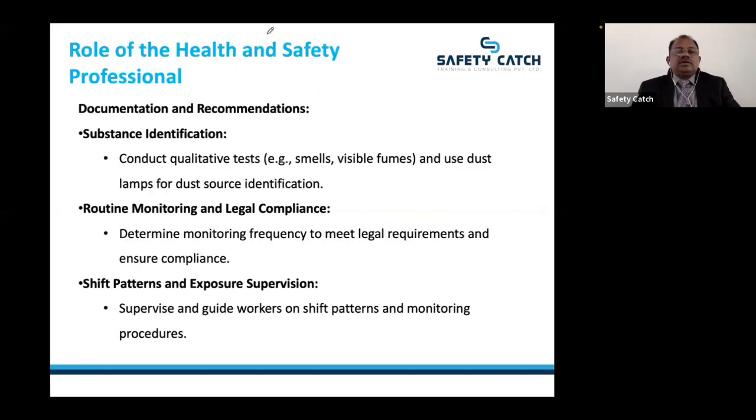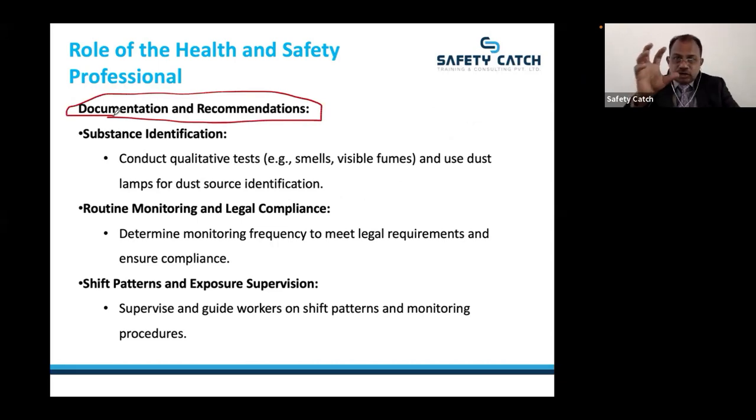So what is the role of the health and safety professional? Our role is documentation and recommendation, basically. We have to ensure that everything is documented and the recommendations are being implemented. Whatever observation the industrial hygienist makes has to be properly documented, and whatever control measure the industrial hygienist suggests is to be implemented.